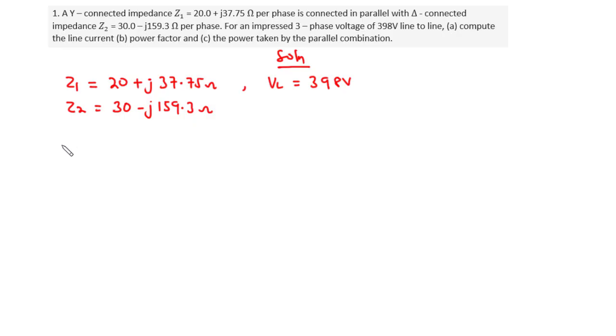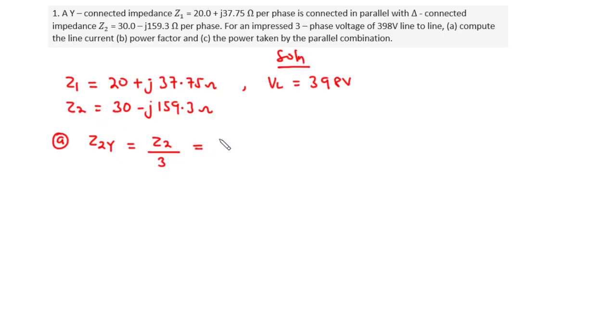To find the line current, the first thing we are going to do is to transform Z2, which is a delta connected impedance, to an equivalent star connected impedance, and we do that by using the delta star transformation formula. That gives us Z2y equals Z2 divided by 3.